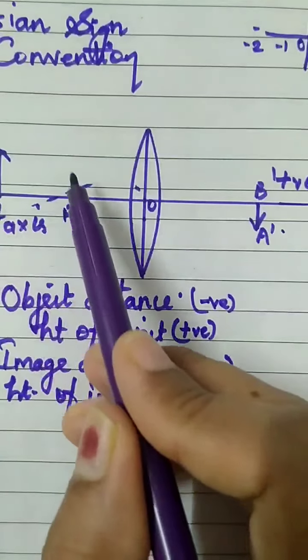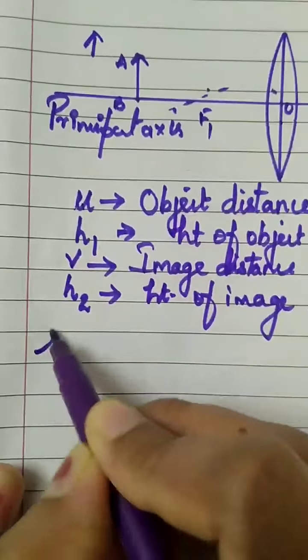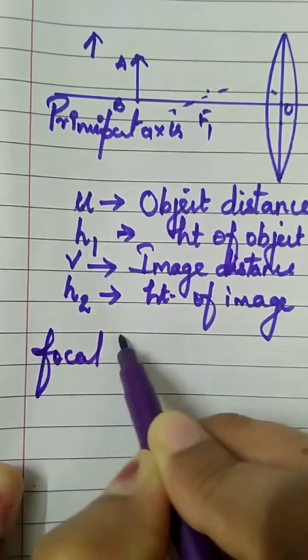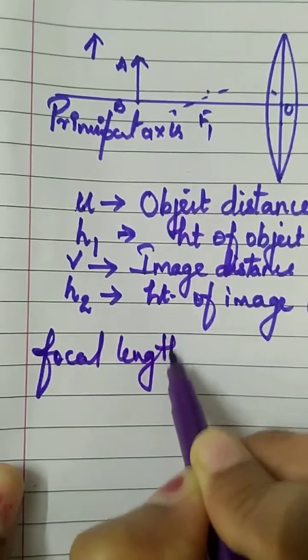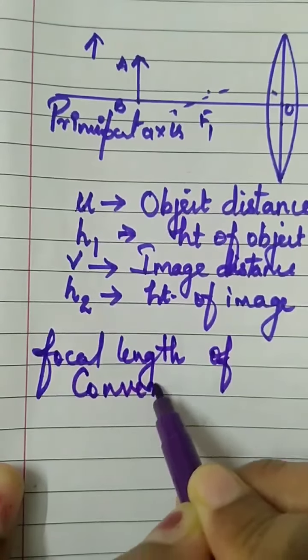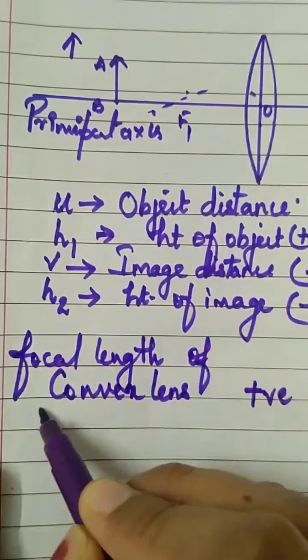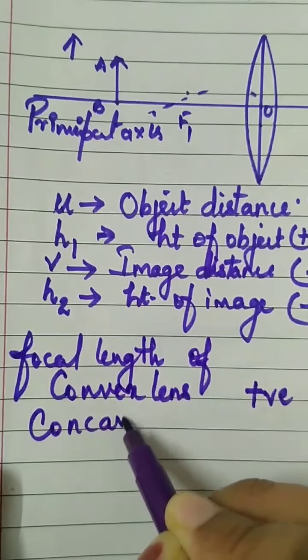As it is on the left side, the focal length of the concave lens will be negative. Very important question: the focal length of a convex lens is positive and the focal length of a concave lens is negative.